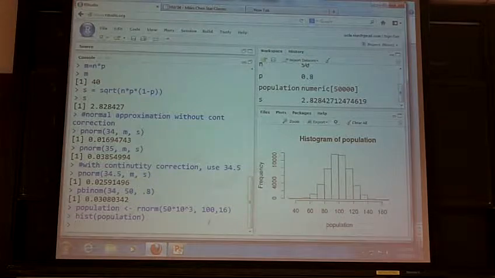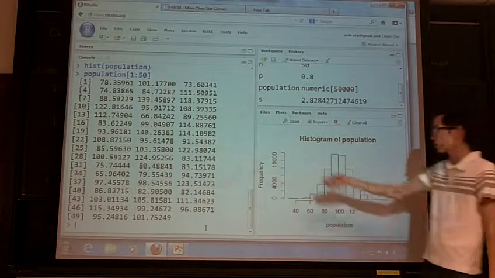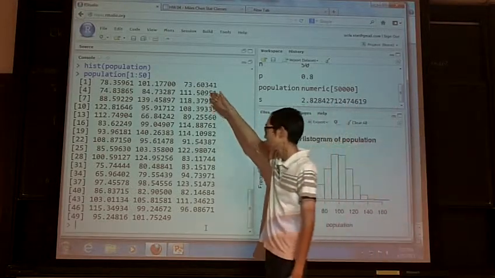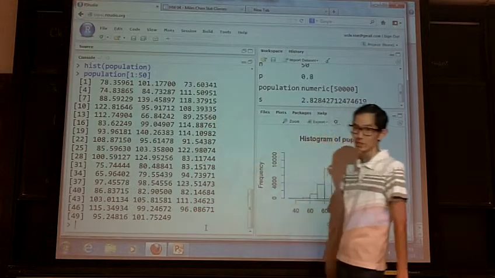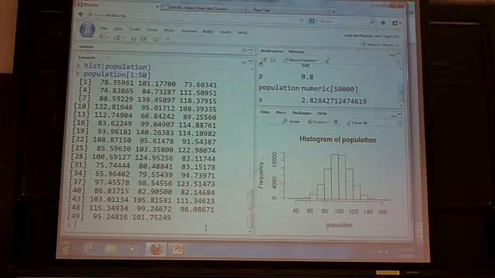Here are the first 50 people that exist in population, and these are all their different IQ values. It's continuous, so we have decimal IQs.